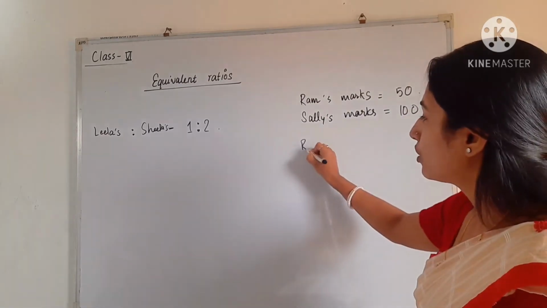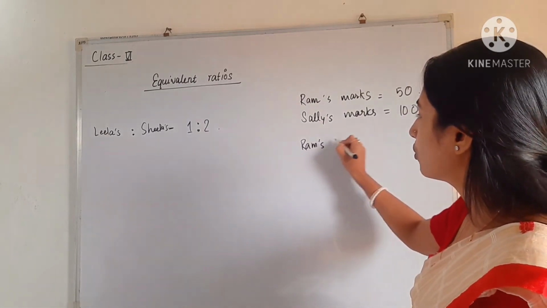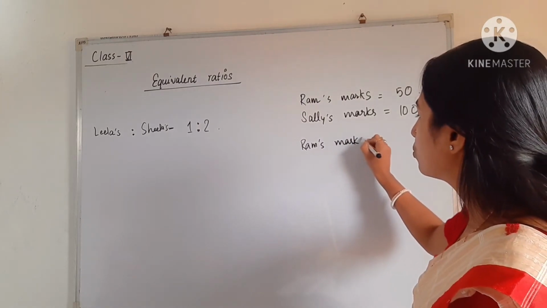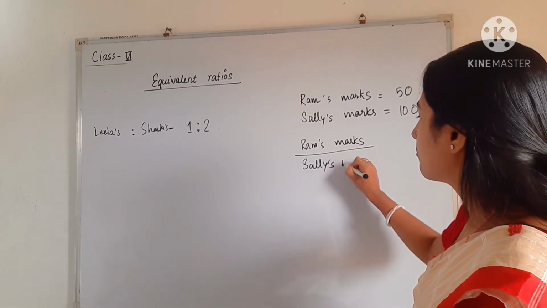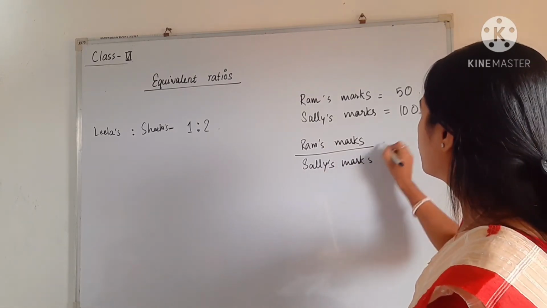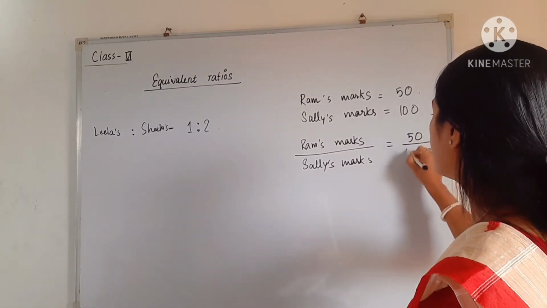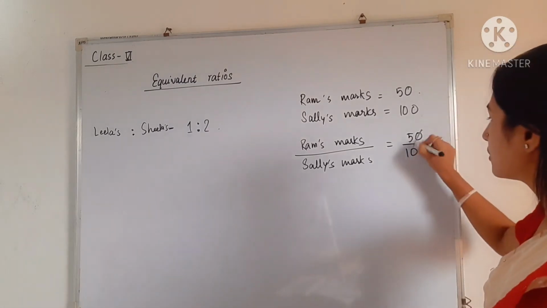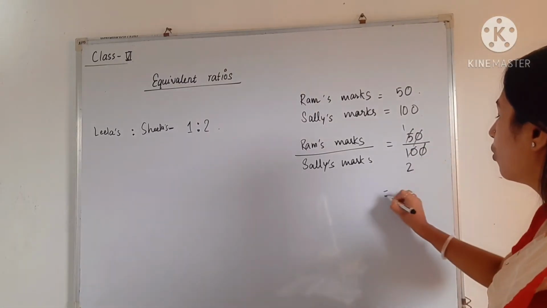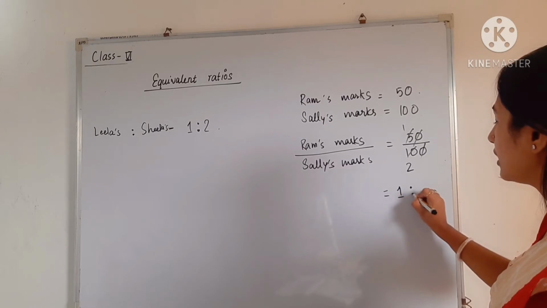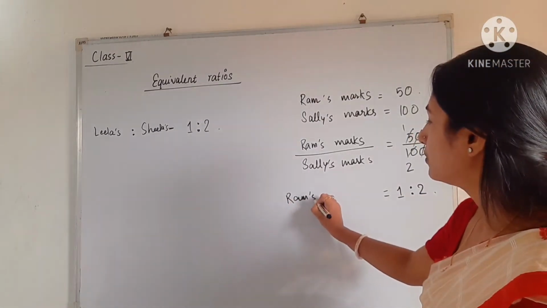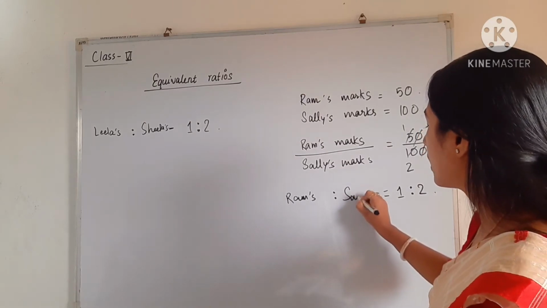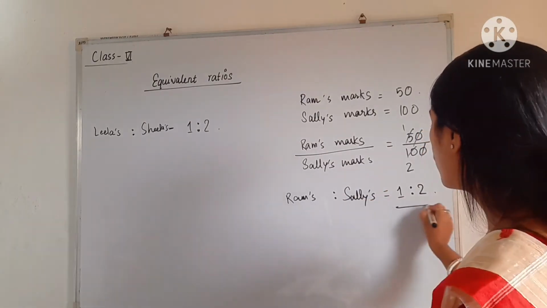Okay, so if I want to take the ratio, that means I have to divide the two quantities. So after dividing, it will be 50 by 100. So after cancellation, you will get how much? 1 by 2, or you can write 1 is to 2 in ratio. So we can write Ram's marks is to Sally's marks is also 1 is to 2.